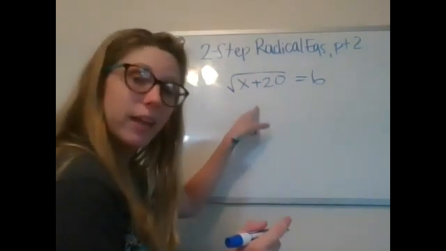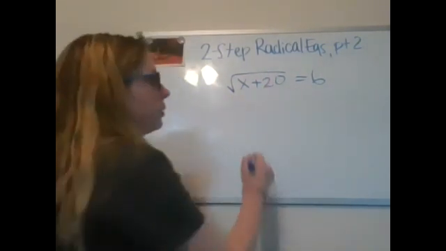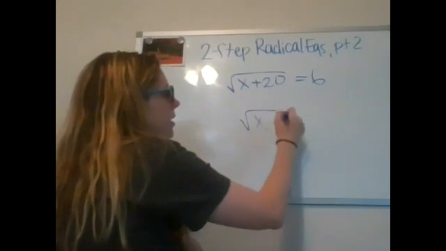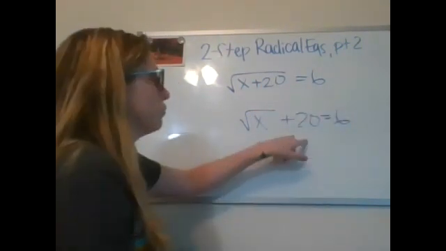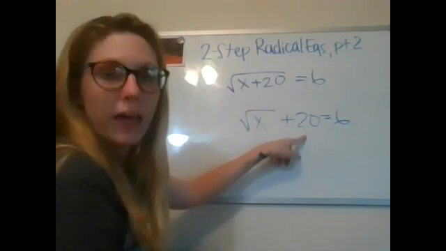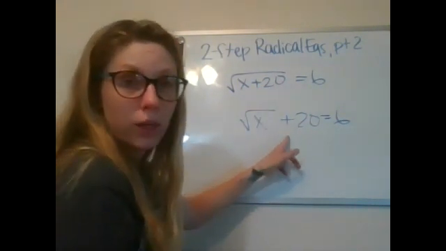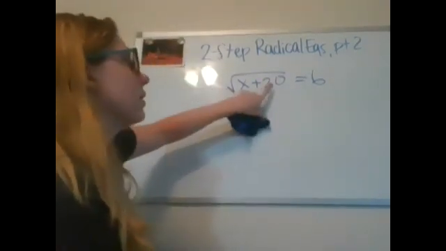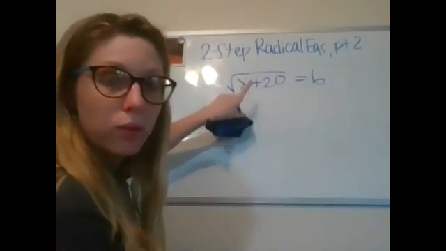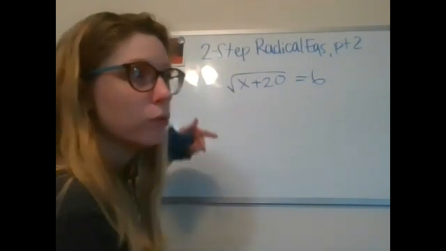This is inside the function because it's all under that square root. This is different than this one because of what we do first. This is what we did last week where we first had to subtract 20 on each side. This is what we're doing this week. The 20 is underneath that square root, therefore we have to take care of that square root first.